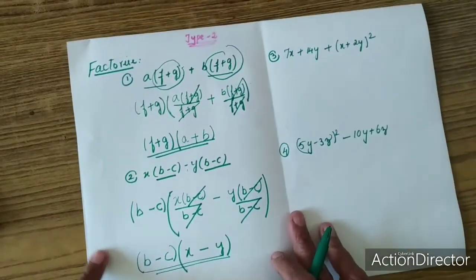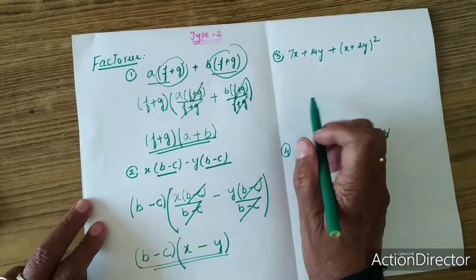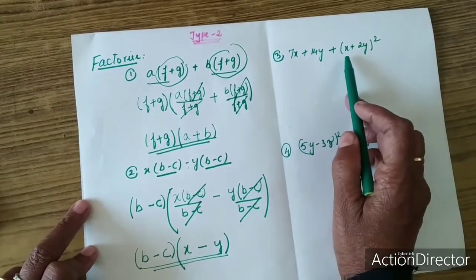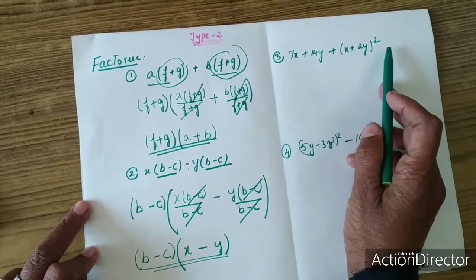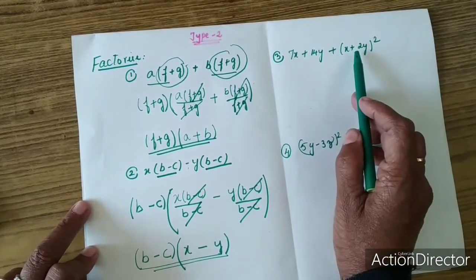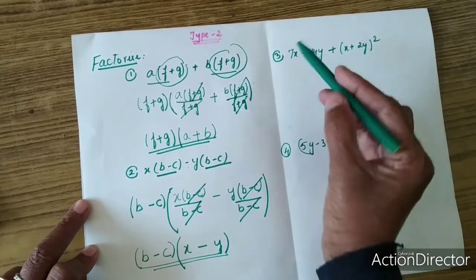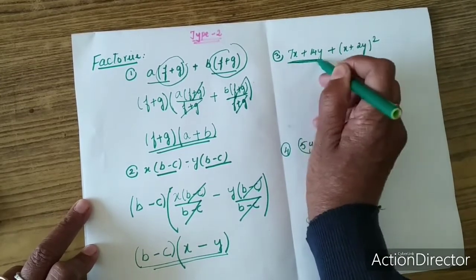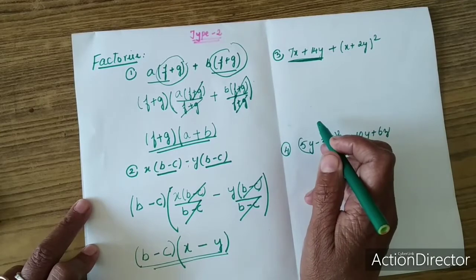Understood? Next, moving on to the third sum. Here you are able to see 7x plus 14y plus (x plus 2y) whole square. Here you are not able to see any HCF. So let me combine the first two terms and see whether I am able to get any HCF.